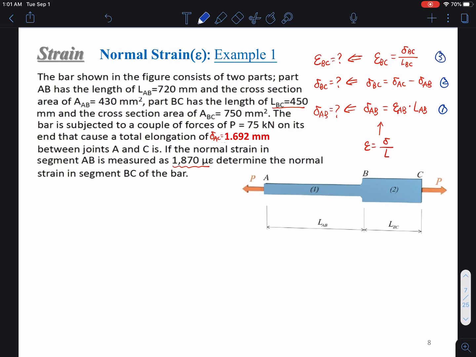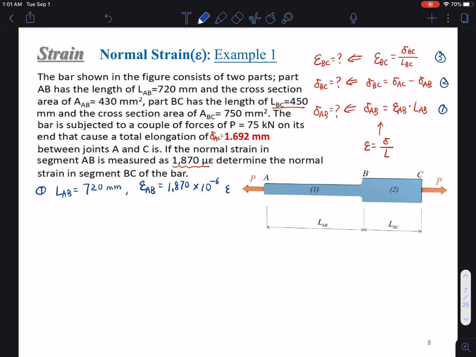Let's look at step 1 now. In step 1, we know LAB, that is 720 millimeter. Then we know epsilon AB, that is 1870 microstrain, that is times 10 to negative 6 strain.